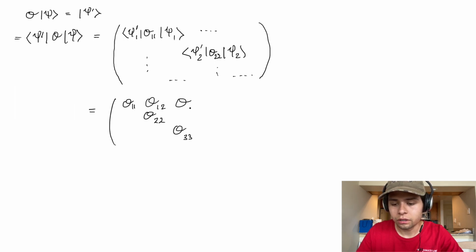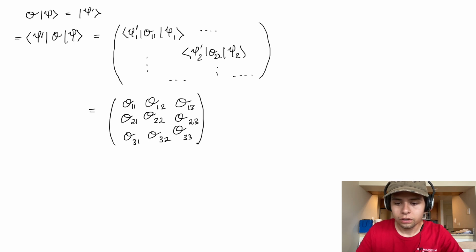This one here would be 1, 3, and this one here would be 2, 3. Okay, and then this here would be 2, 1. This here would be 3, 1, and this here would be 3, 2.